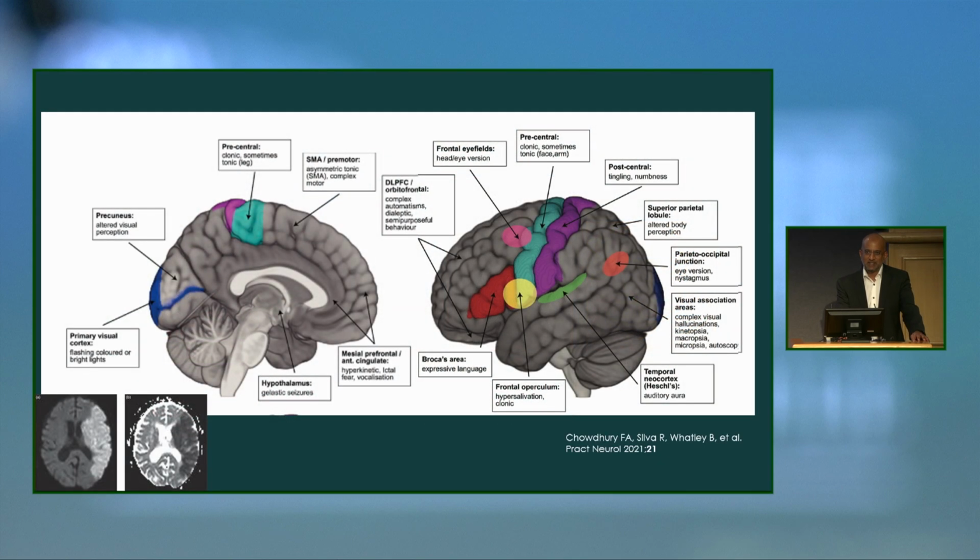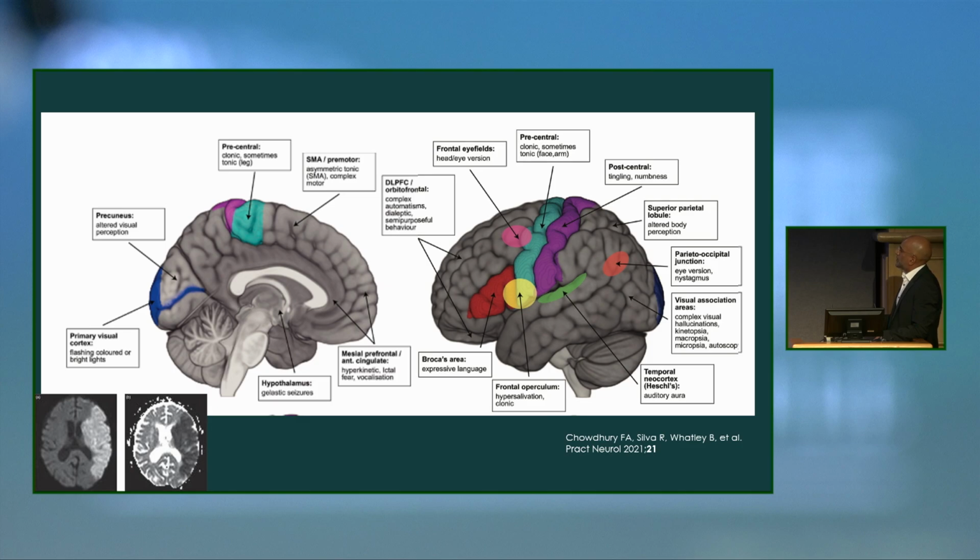Seizures can present in a myriad of ways, and having a cursory knowledge of the basic anatomy of cortical structures is important. This slide describes some of the areas of the brain and their function. Knowing that the visual cortex is in the occipital lobe, seizures can present with flashing lights, bright lights, or just loss of vision.